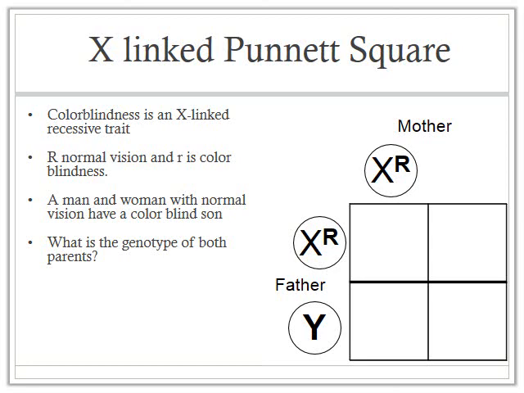Well, we have a colorblind son, so we know that this square has to be filled in X little r Y, and so he's going to be down at the bottom. These are where the male offspring will be, and up here will be filled in for the XX female offspring.